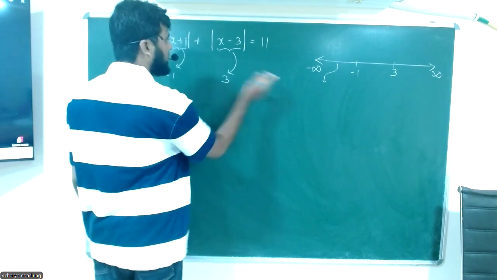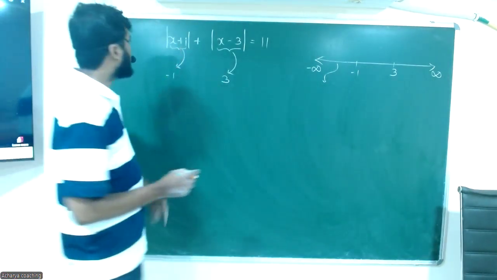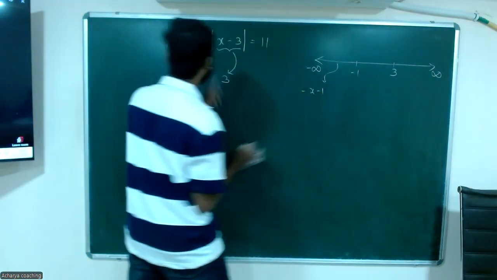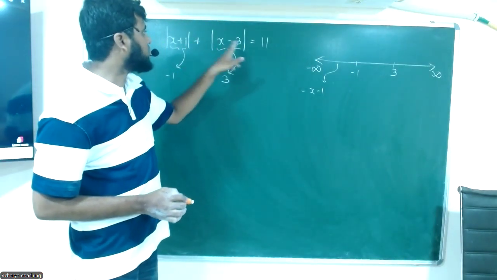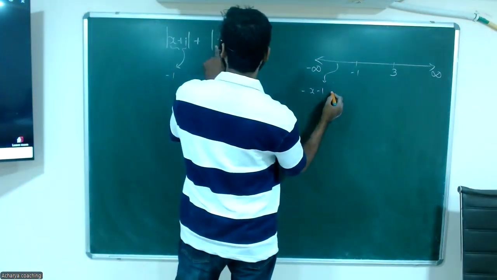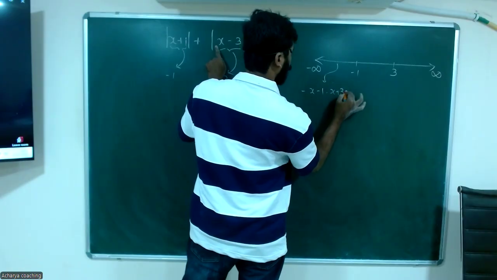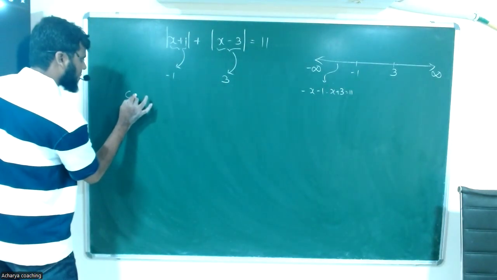Negative. So to open here, we have to multiply with the negative sign, so minus x minus 1, right? This part alone. What about here? If I substitute minus 2, minus 2 minus 3, negative. So to open this, we have to multiply with the negative sign. So minus x plus 3 equal to 11.